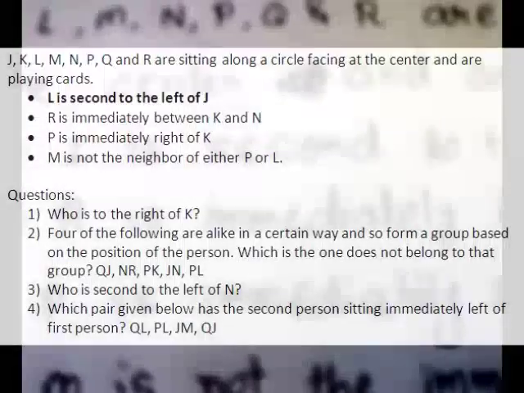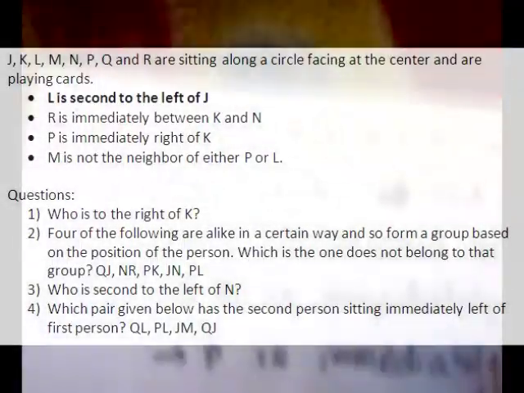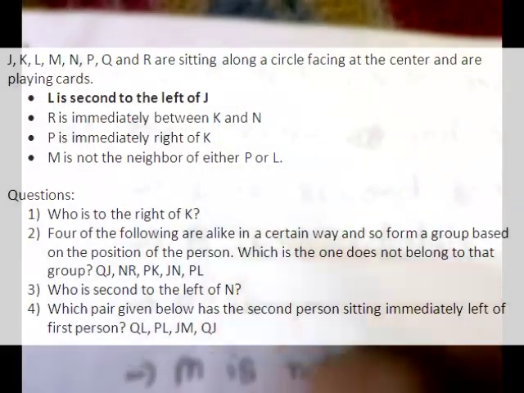Okay, now we will read our first condition. It says L is second to the left of J. Remember, we always highlight the letter which is followed by of. Here the letter followed by of is J, so we will put J randomly here.